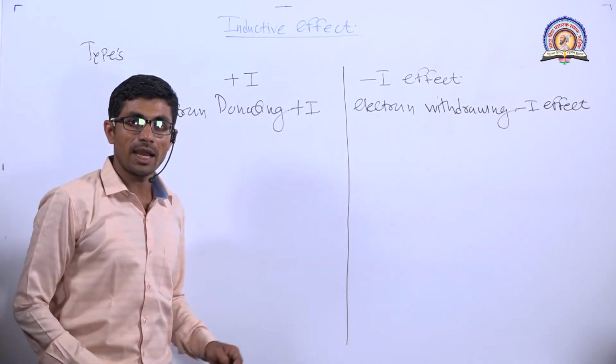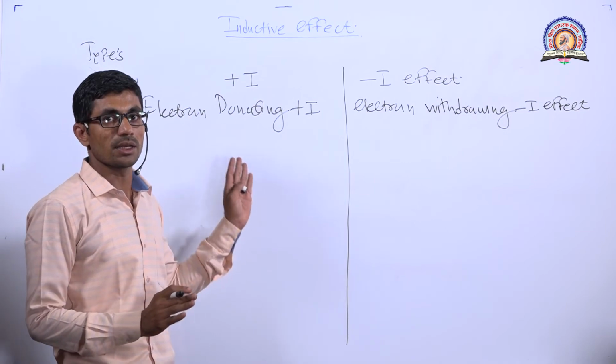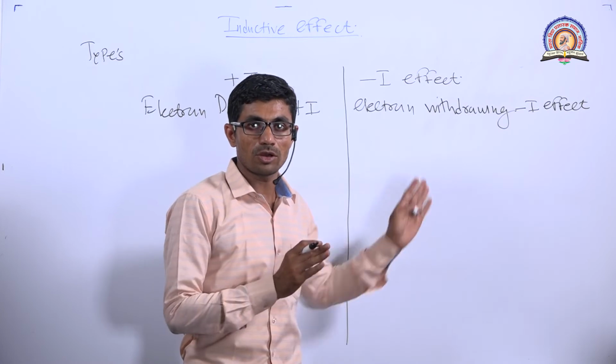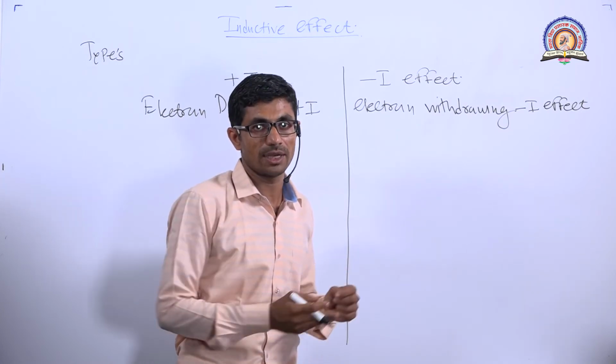So in plus I, atoms or group of atoms increase the electron density around the carbon atoms. Here, atoms or group of atoms decrease the electron density around the carbon atoms.